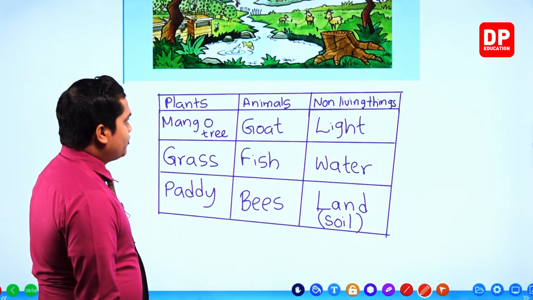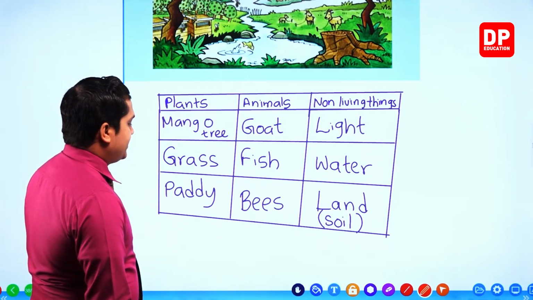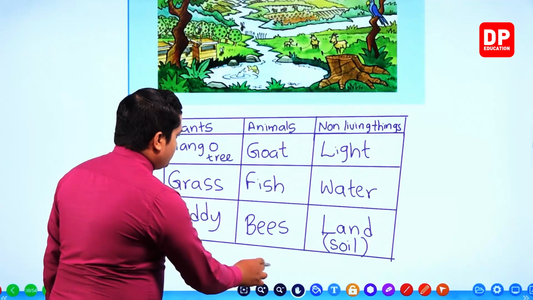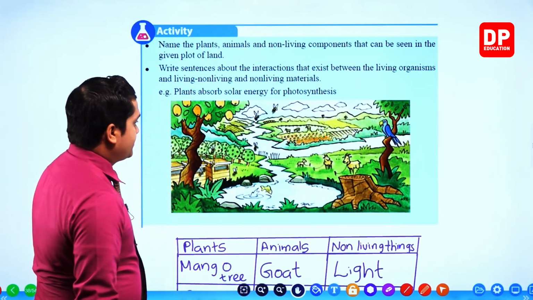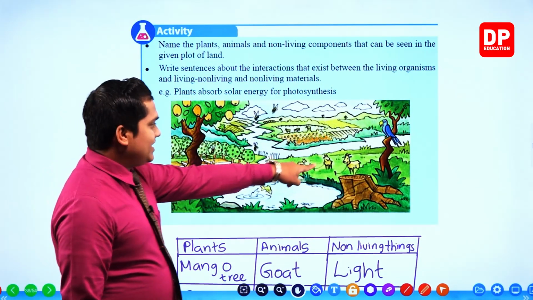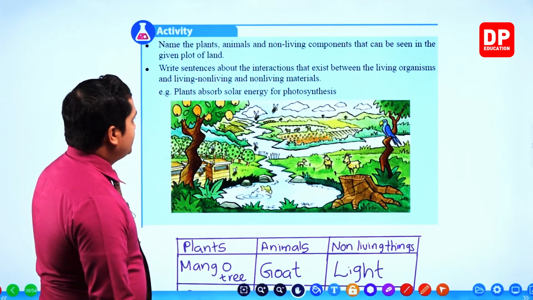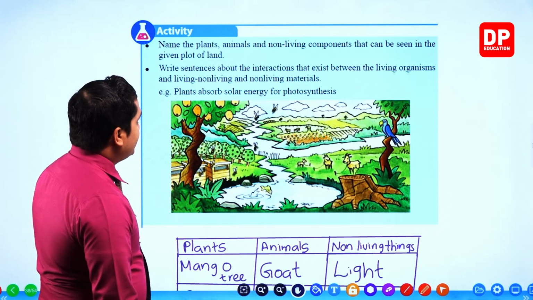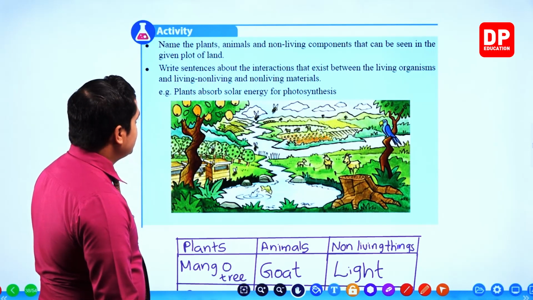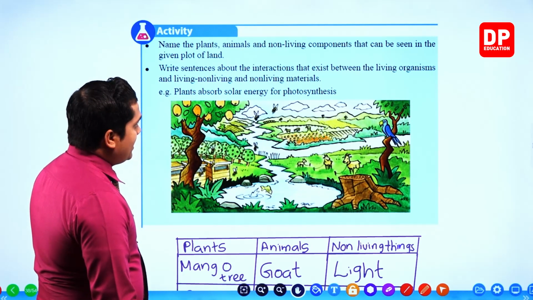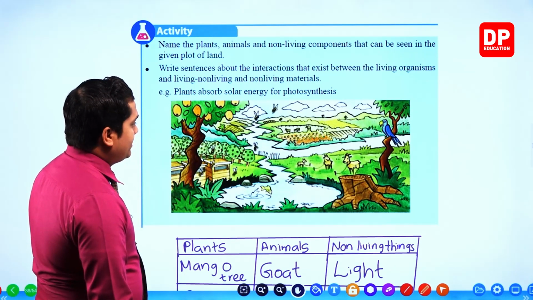Right, now it's time to write down some interactions then. What are the interactions? So as you can see here, right? We have to write sentences about the interactions that exist between living organisms, living and non-living, and non-living materials.